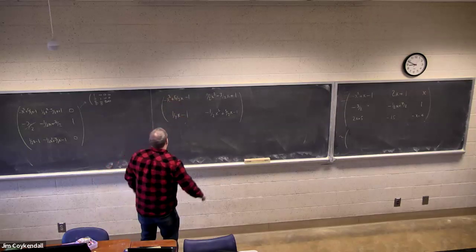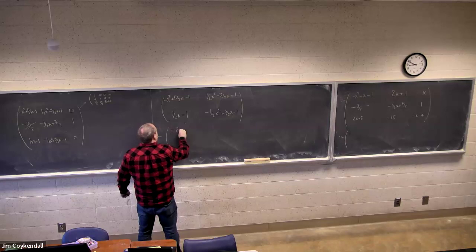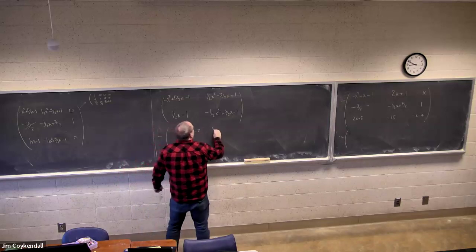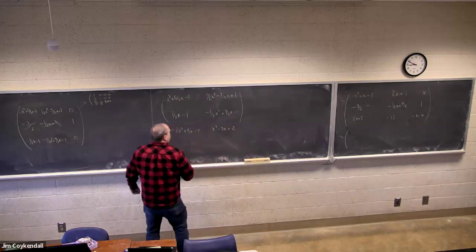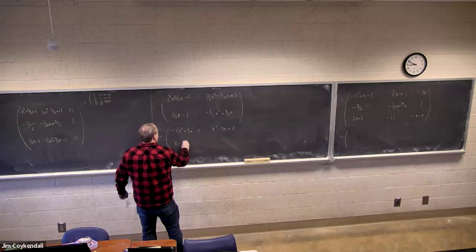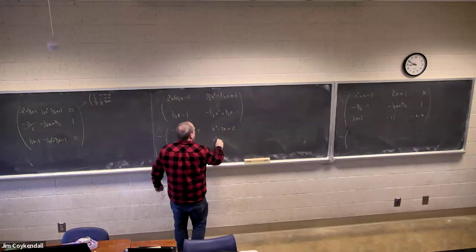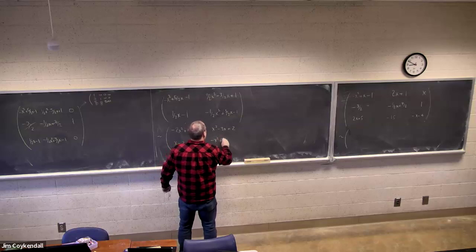Now I'm just going to make this look easier. Minus 2x squared plus 5x minus 2, x squared minus 3x plus 2, x minus 2, and x squared minus, let's see, I'm going to put that up positive, didn't I? Minus x squared plus 3x.